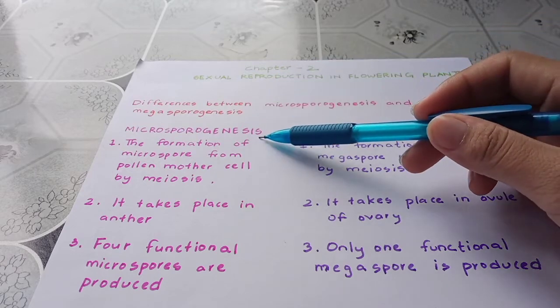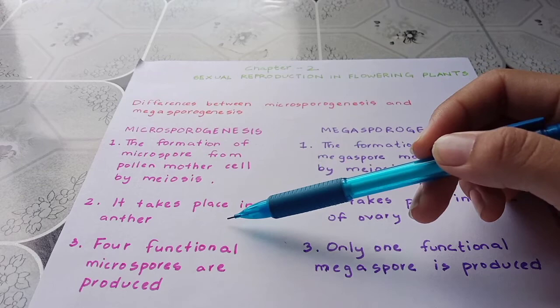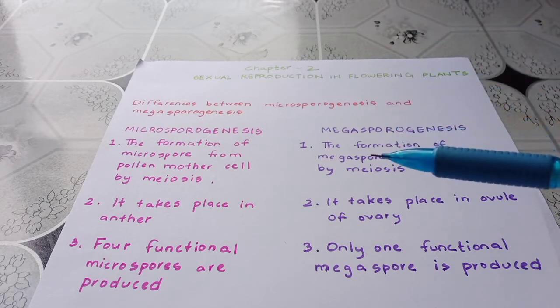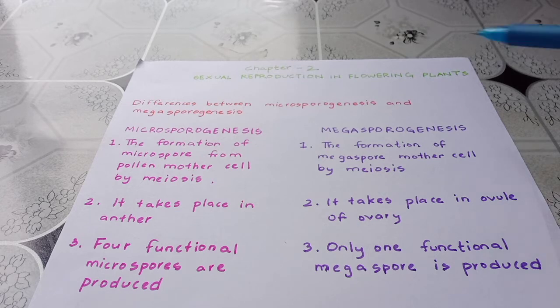Microsporogenesis, as we said, is for the male, and it takes place in the anther. Megasporogenesis is for the female, so it takes place in the ovule of the ovary. In microsporogenesis, 4 functional microspores are produced. All the microspores will be functional, but in megasporogenesis, only 1 functional megaspore is produced, so we have only 1 embryo sac. Okay, these are the differences.